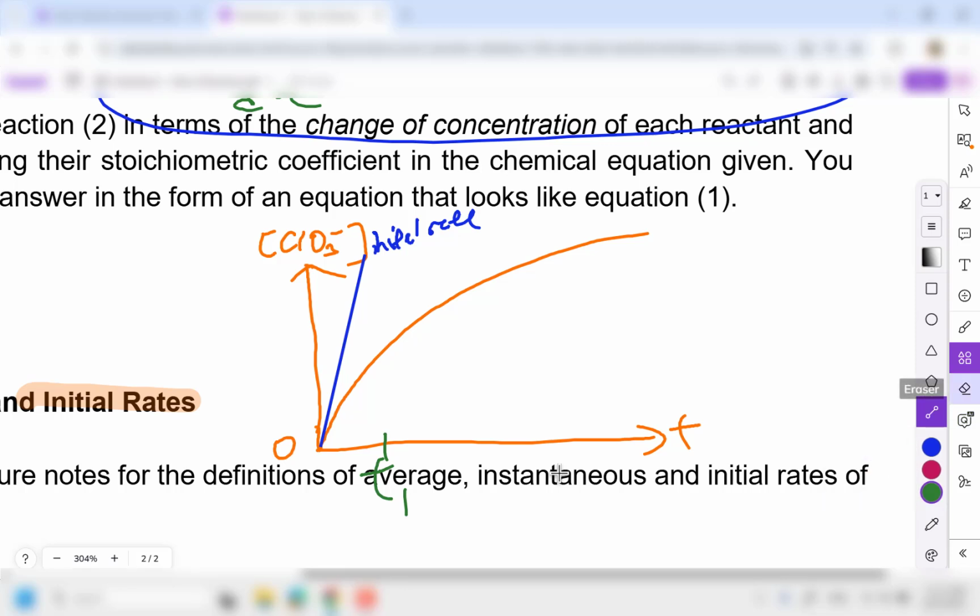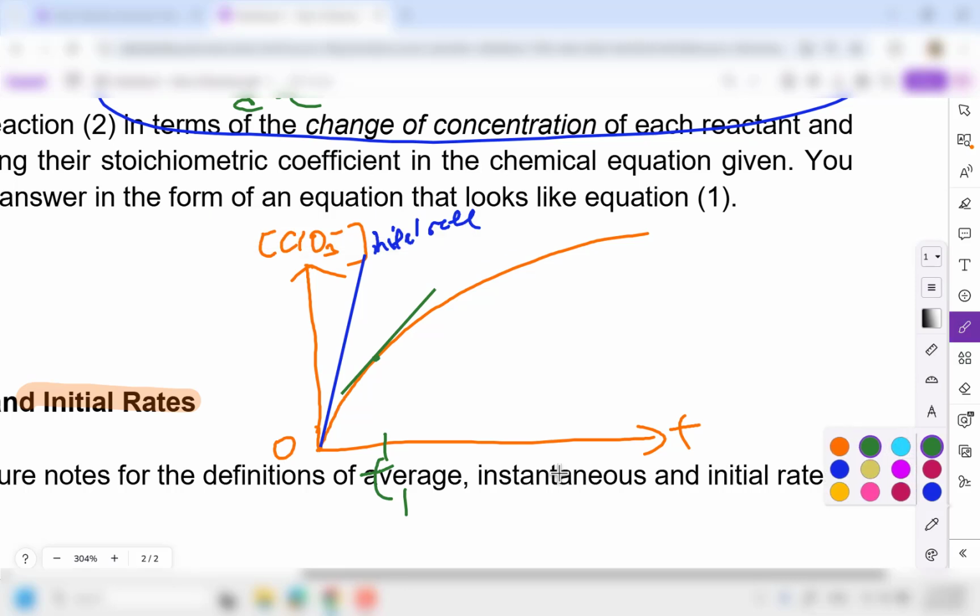Here, I'm going to put a dot and then draw the line. So you get the point. Probably the curve should bend a bit more to the right or a bit more to the left, but yes, this is the instantaneous rate at time equals t1.